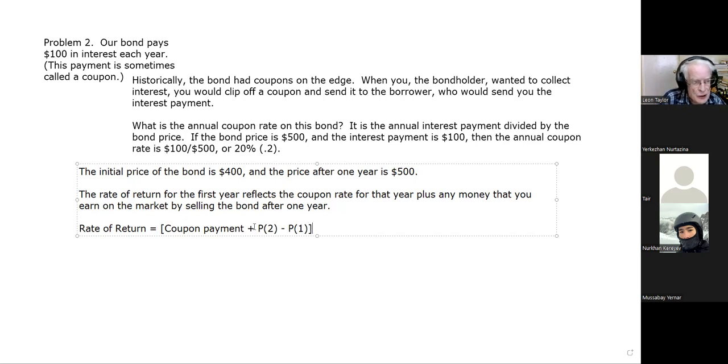So there is a capital gain or loss. And then to express all of this as a rate, we divide by the initial price of the bond.